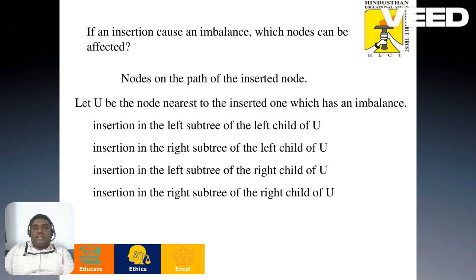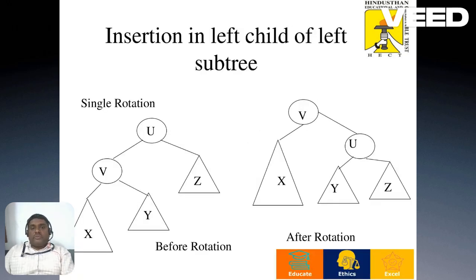These are our rules for inserting a node, in the left subtree of the left child, and the right subtree of the right child. This is the sample format before the rotation. After the rotation, a single rotation or a double rotation is the maximum possible for rebalancing.